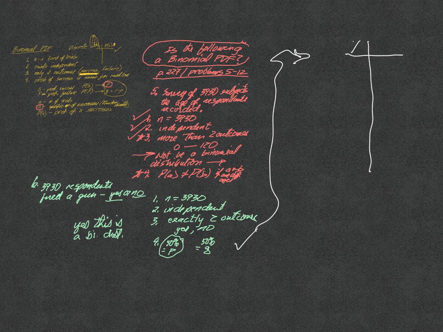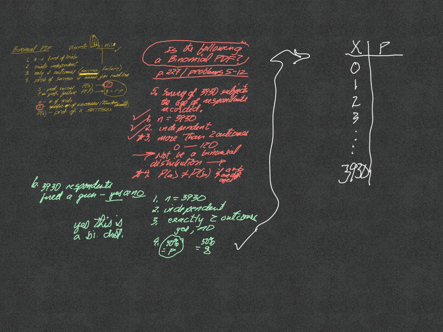So your random variable would be the number of respondents who, let's say the success is shooting a gun, answered yes to shooting a gun. And so you have to ask yourself, what number of respondents answered yes? Well, 0 could have, or just 1, or 2, or 3. And this table could go all the way, one number at a time, to 3930, where they all answered yes.